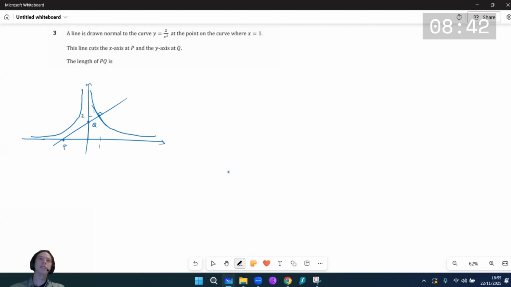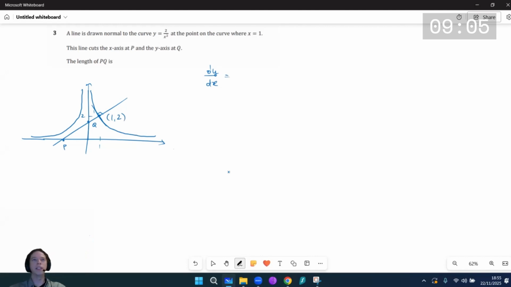This is a little tedious, I guess, but we just need to differentiate, right? We know the point it goes through, that's the point (1, 2). To get the gradient of the line, we differentiate our function to get the tangent gradient, and then the perpendicular will be the perpendicular gradient.